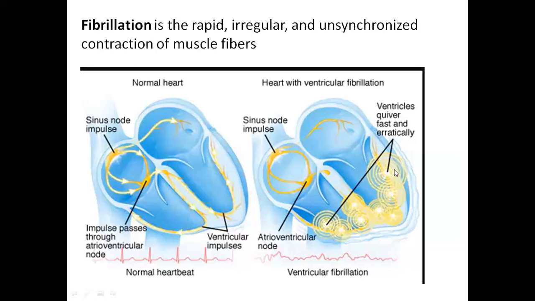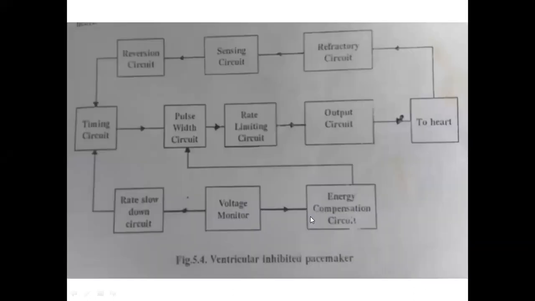This type of situation is called fibrillation, and since it occurs at the ventricles, it is called ventricular fibrillation. If the same situation happens in the atria, we call it atrial fibrillation.